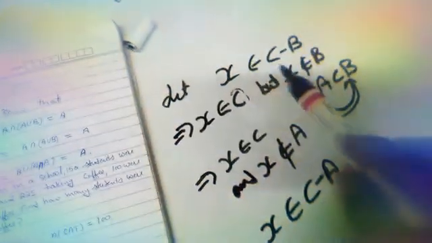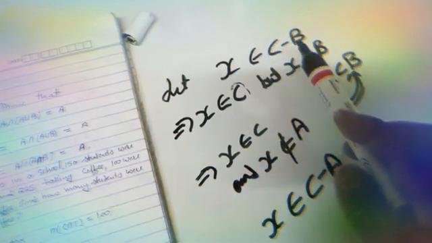As given, let X belong to C minus B. X belongs to C minus B means what?